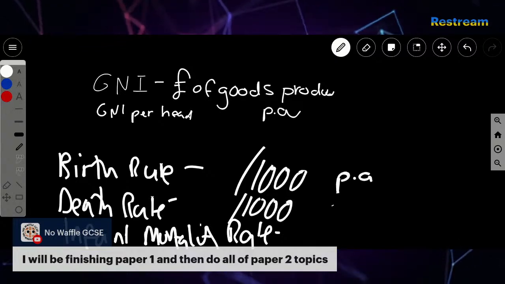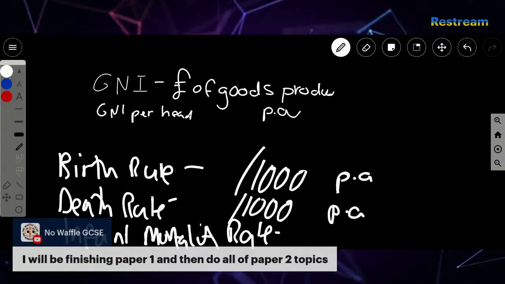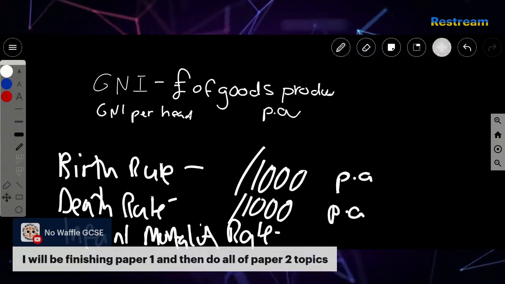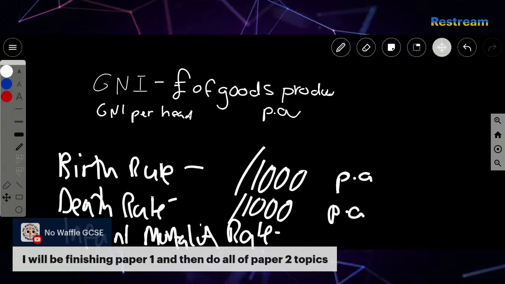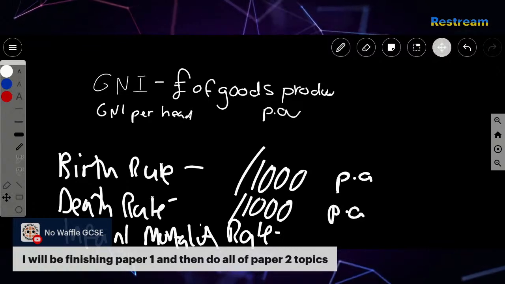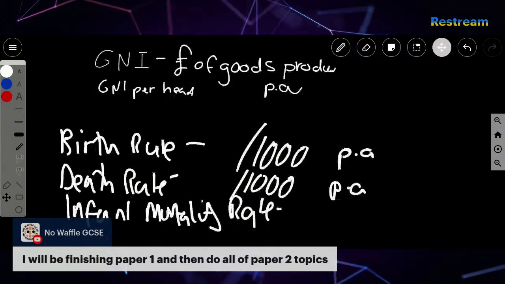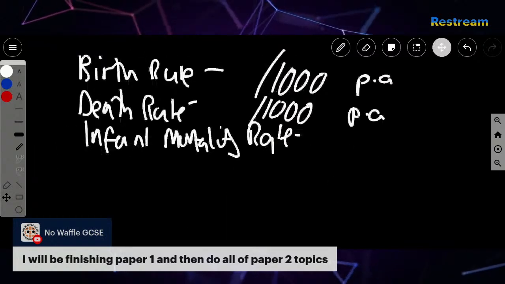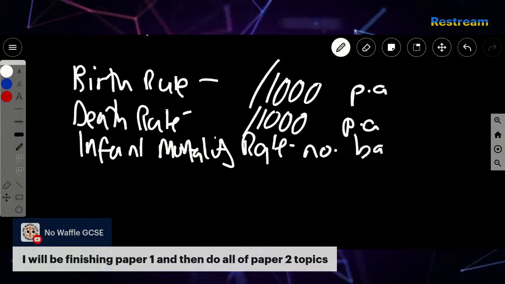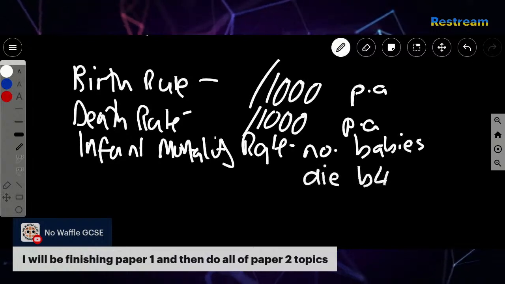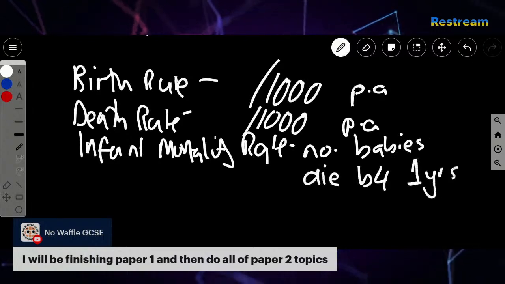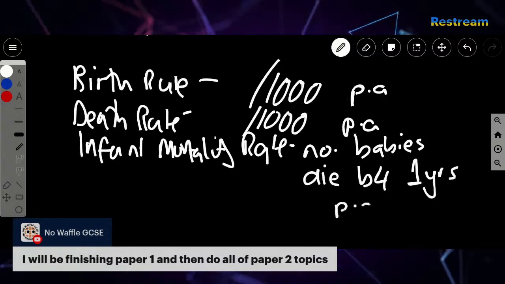So it's an average metric, and the infant mortality rate is the number of babies who die before they are 1 year of age, and this is per annum as well.